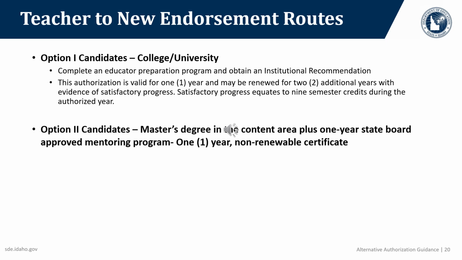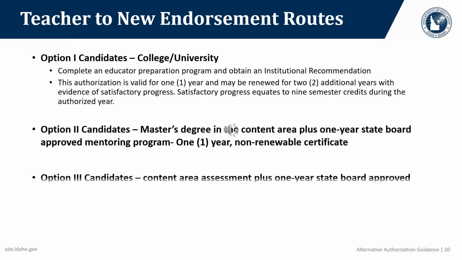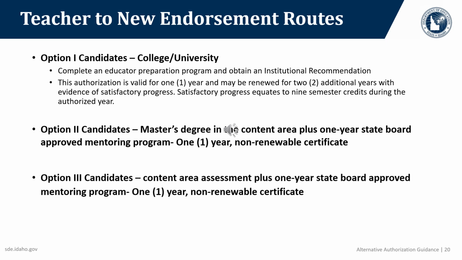Option 2, the candidate holds a completed master's degree in the content area being requested and completes a 1-year state board-approved mentoring program. Option 3, the candidate will pass a content assessment and complete a 1-year state board-approved mentoring program.